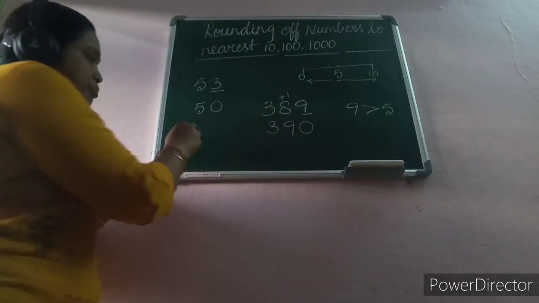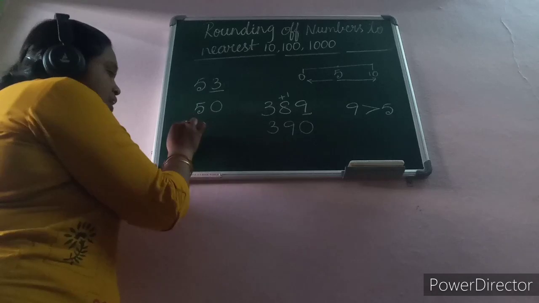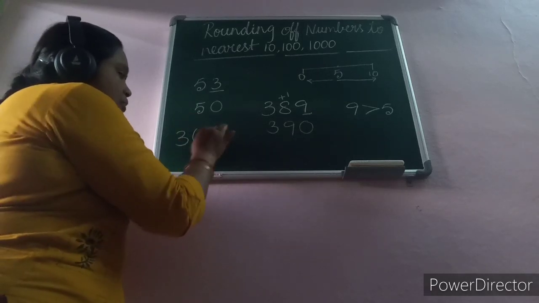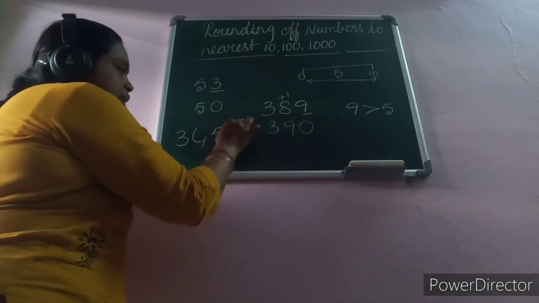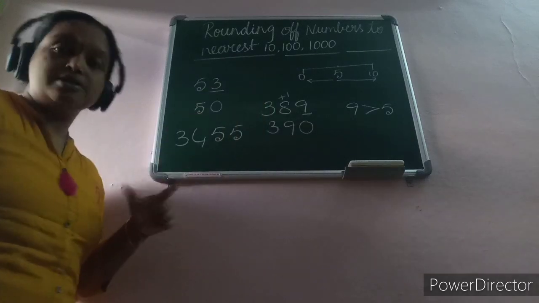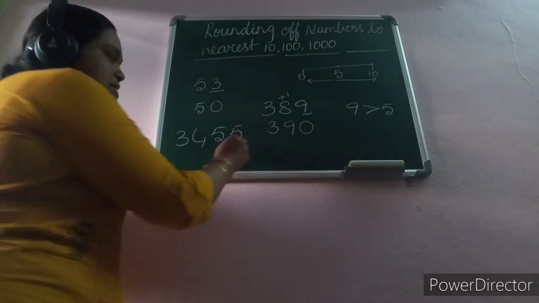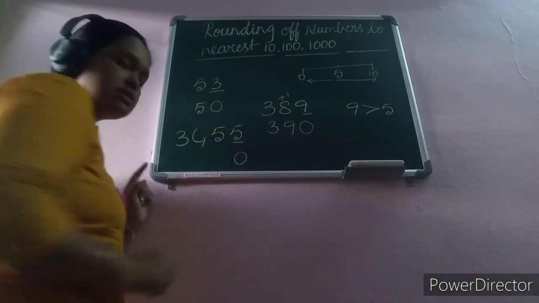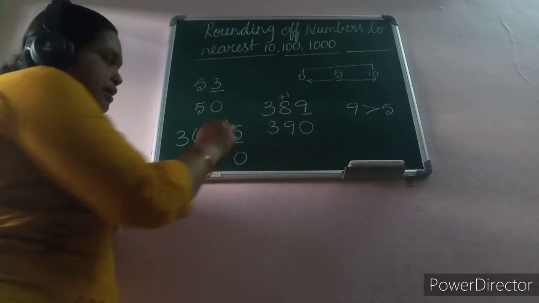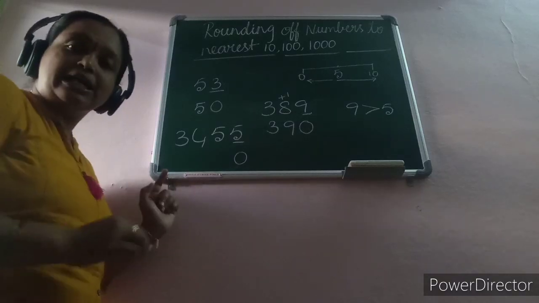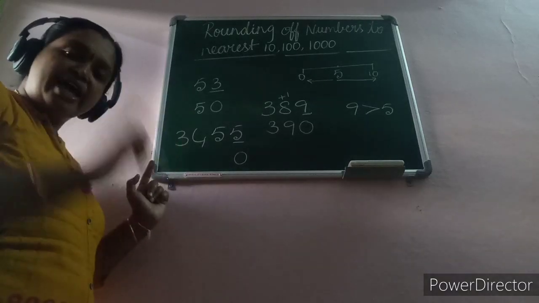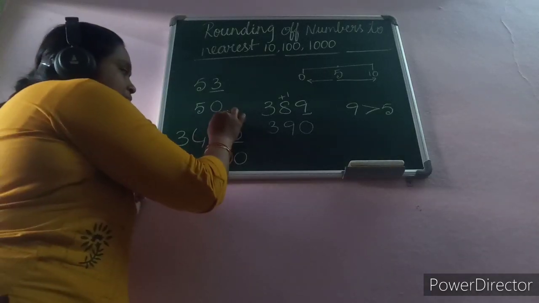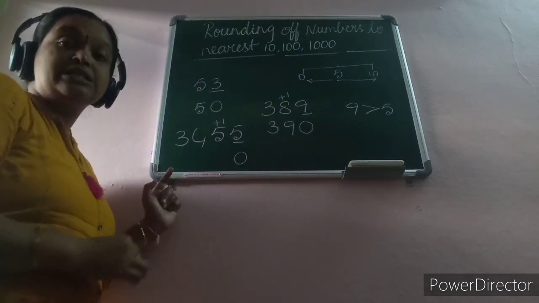And one more example, like suppose it is in the 1000s, 3455. Now come back to our steps. Step 1: underline 5. Write 0 because this is going to become 0 in our answer. Now as this is exactly the midpoint, even then you need to add 1 in the tens place.